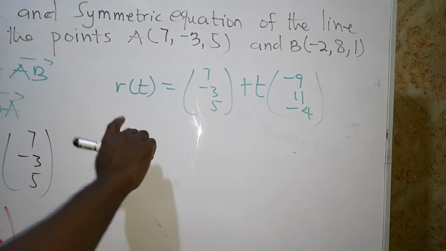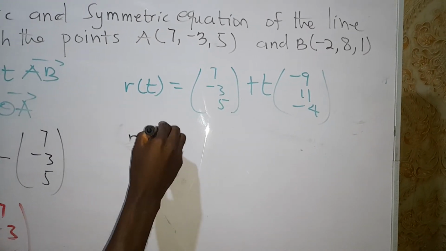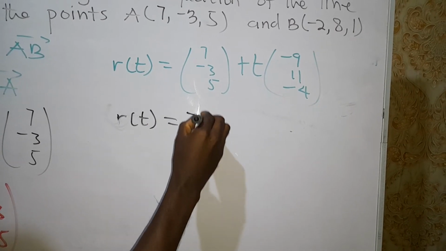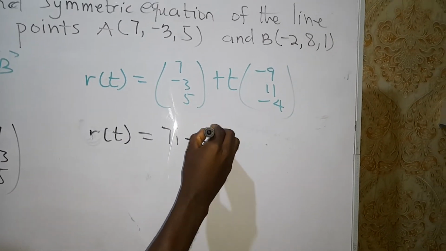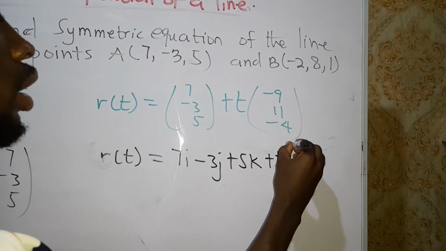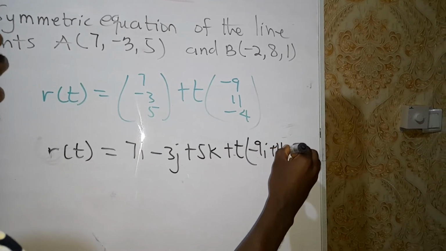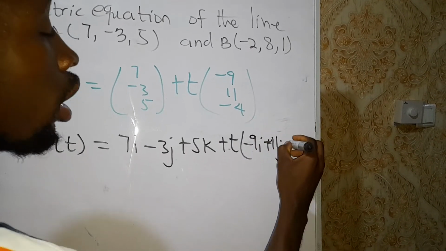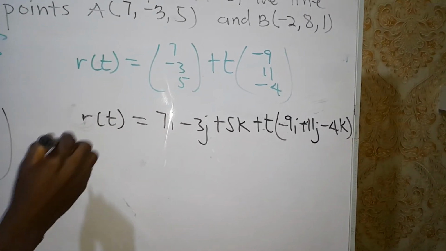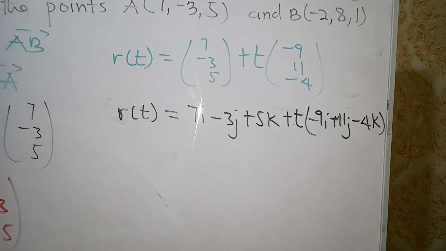So we can rewrite our vector equation in the form r(t) is equal to 7i minus 3j plus 5k, plus t times the bracket -9i plus 11j minus 4k. Then that becomes the vector equation.